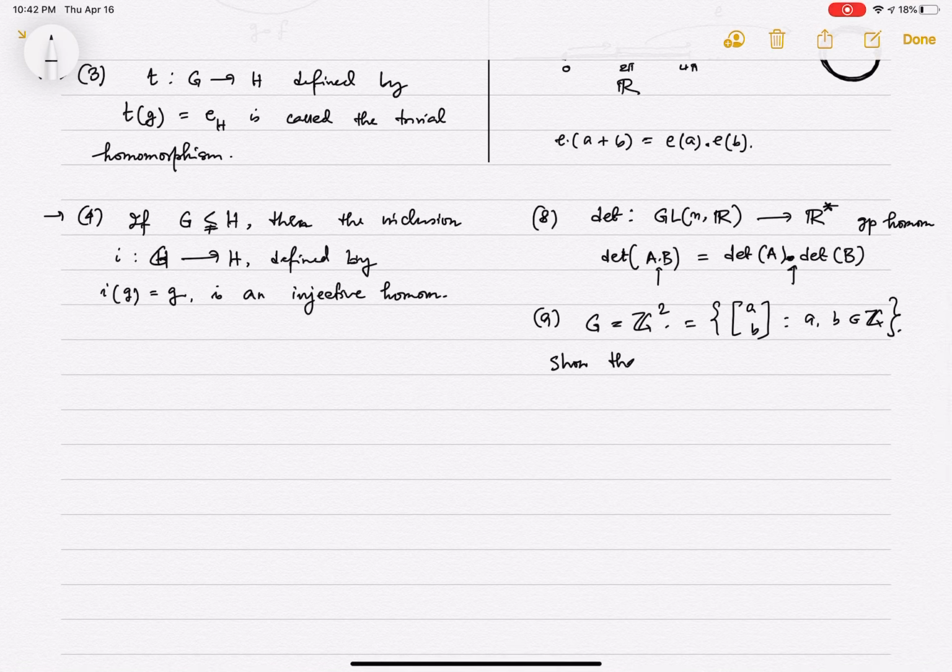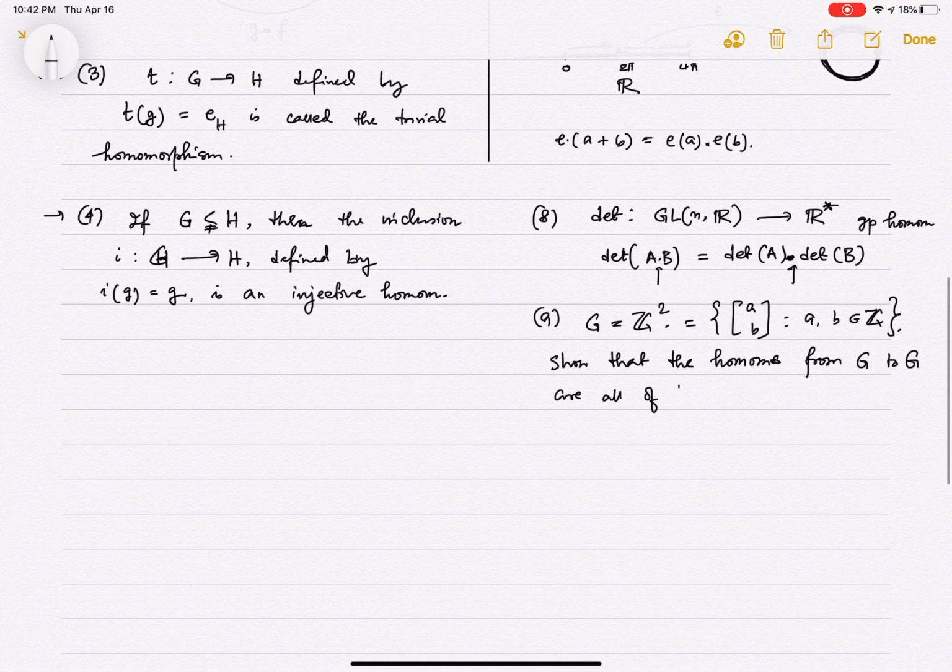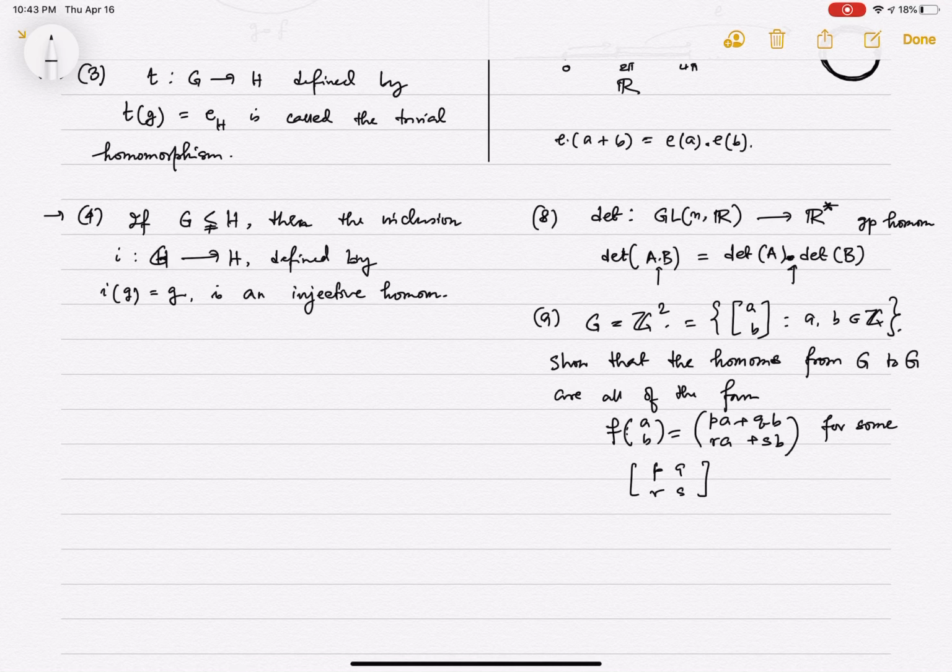Show that the homomorphisms from G to G are all of the form f of (a, b) equals (pa plus qb, ra plus sb) for some 2 by 2 matrix (p q; r s) with entries in Z. So it's all given by some matrix multiplication.